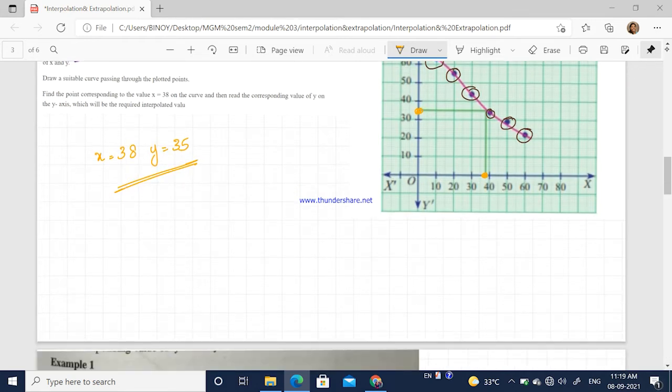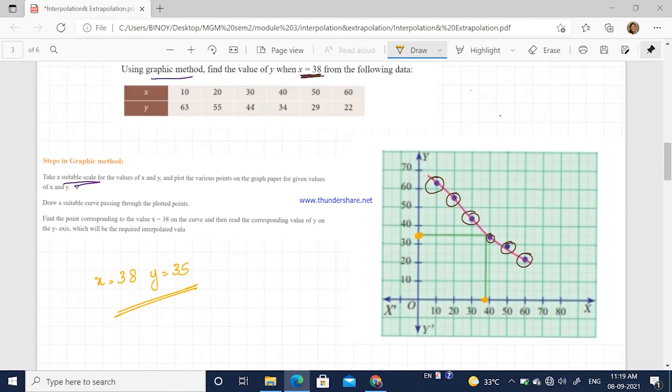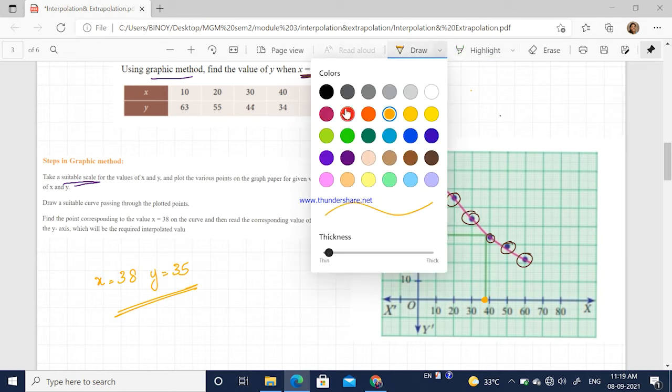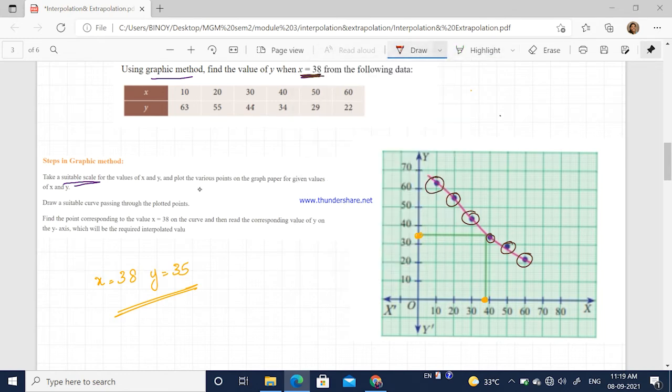So in order to solve by the graphical method, the first step is you need to use a suitable scale. Once you have a suitable scale for the values of x and y, you can plot the points on the graph paper. Then after plotting the points, draw a suitable curve passing through them.